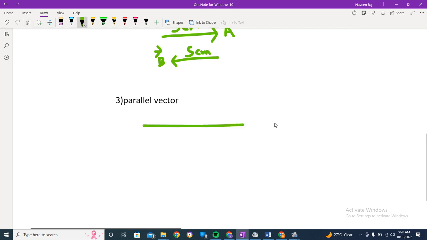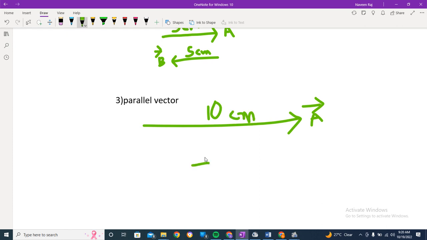Whatever vector you consider, like I'm just taking this vector A, and for suppose this is 10 centimeter, and this is another vector B. This is 1 centimeter.